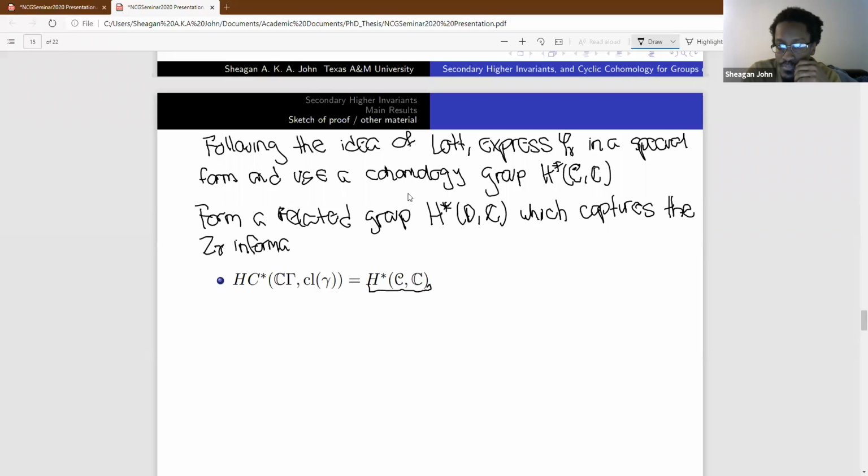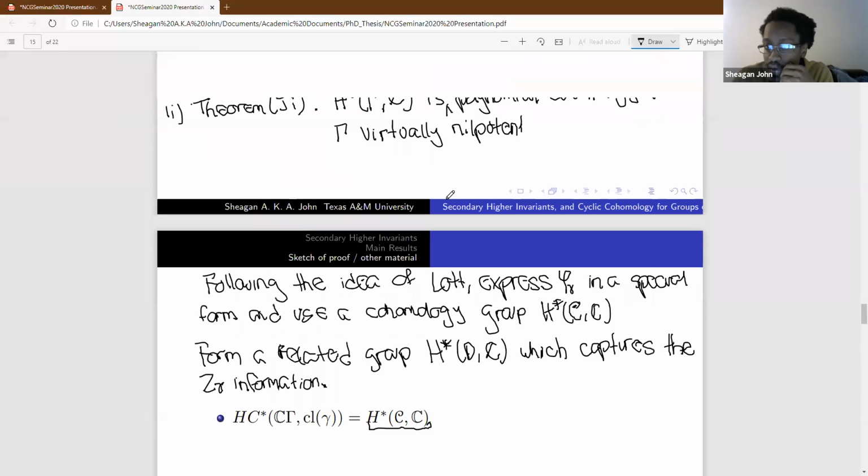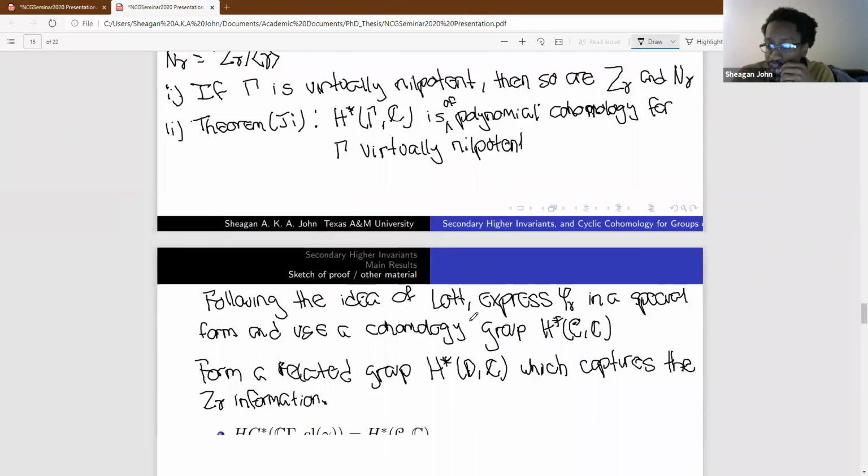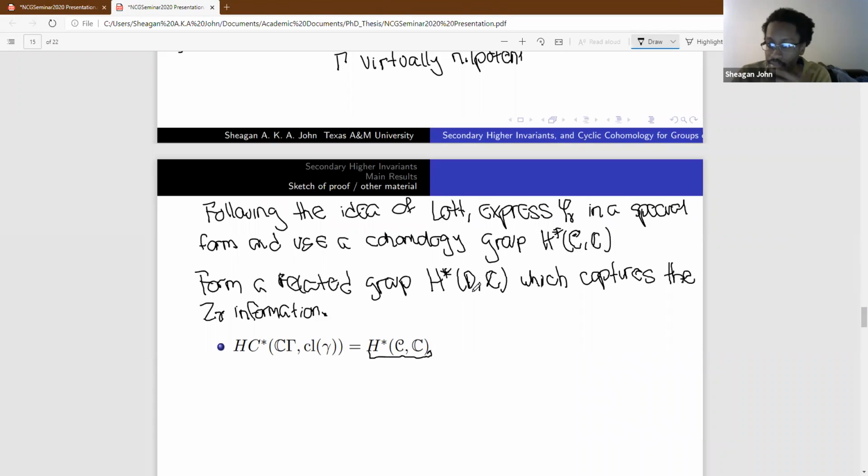And I'll make that more precise later. So the point here is, in this one, we write it in such a way that it captures the information from N gamma. And here we write it in such a way that it captures the information from Z gamma.